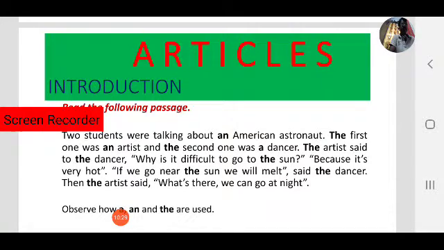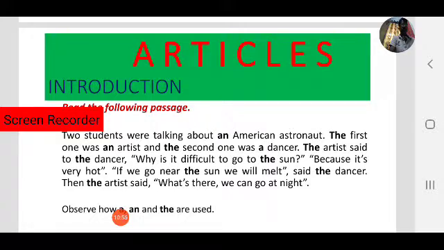We are referring to the specific person. So the artist said to the dancer. Observe how the articles are changed. In the previous sentence an artist and a dancer, again we are going to refer to them. So then the artist said to the dancer, why is it difficult to go to the sun?